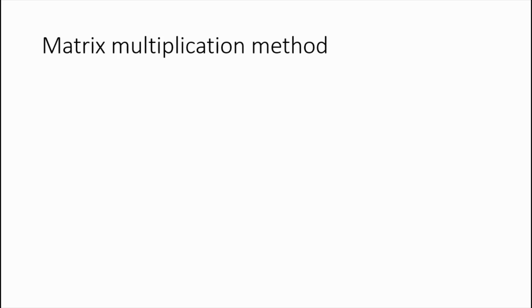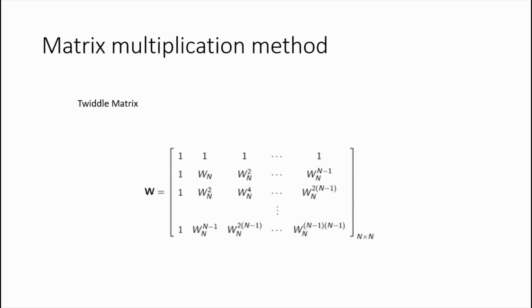Now if we go through the matrix multiplication method, in the matrix multiplication method we first calculate the twiddle matrix. A twiddle matrix is calculated according to the twiddle factors, where 1 is for W to the power 0, and the row changes according to n, and the column changes according to k.